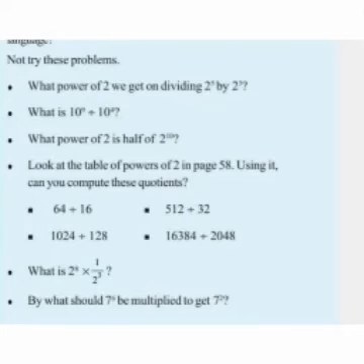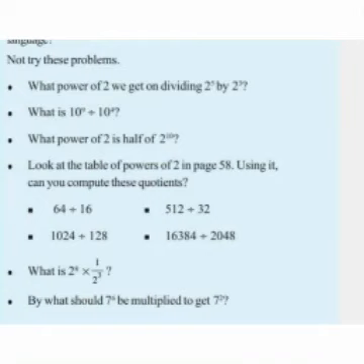This is your work. First one, what power of 2 do we get on dividing 2 raised to 5 by 2 raised to 3? Second, what is 10 raised to 9 divided by 10 raised to 4? Third, what power of 2 is half of 2 raised to 10? And fourth one, look at the table of powers of 2 in page 58.